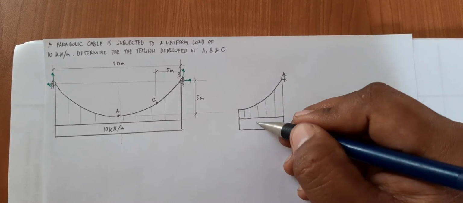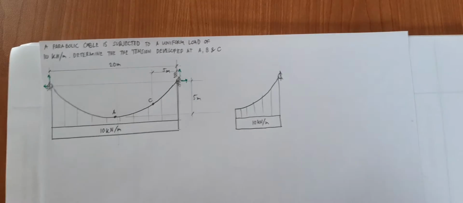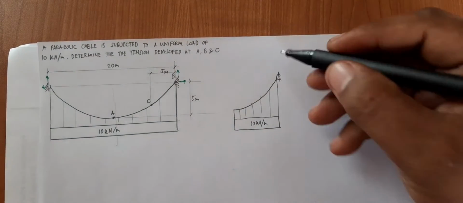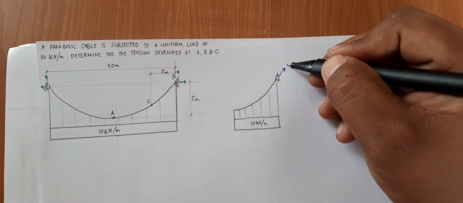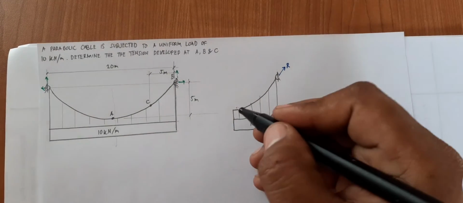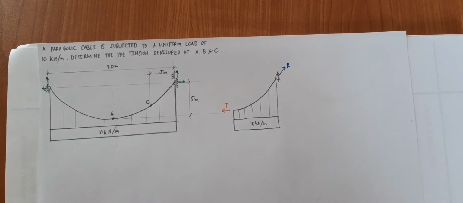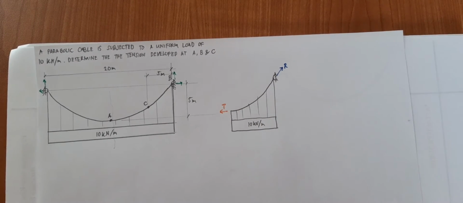You have your 10 kilonewton per meter, your reaction, which we denote as R, your tension at the lowest point, that would be T, and then your resultant for the 10 kilonewton load.